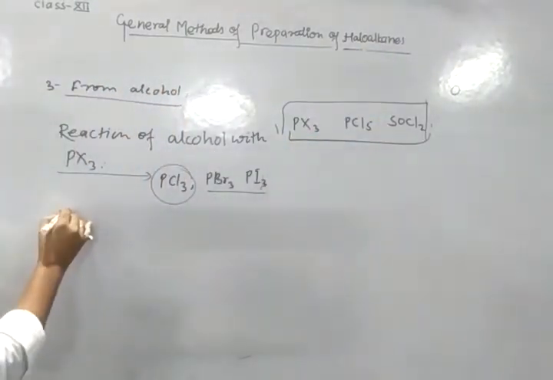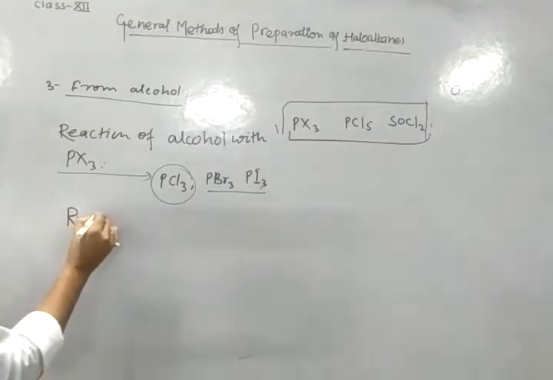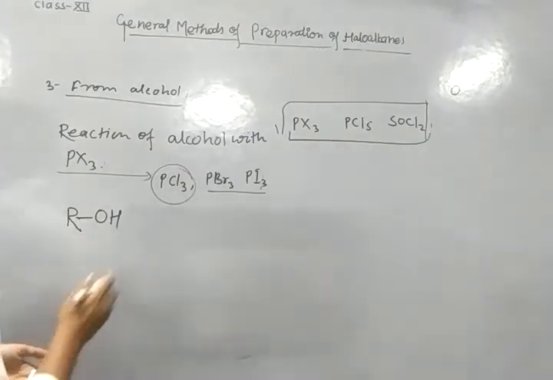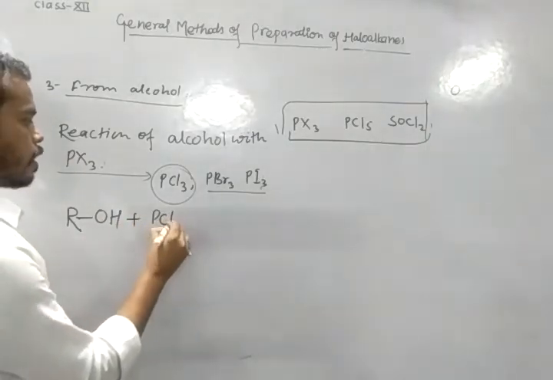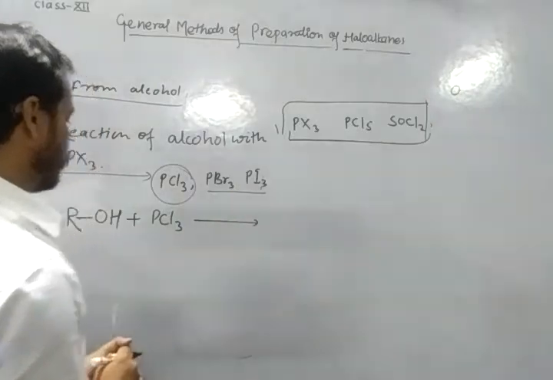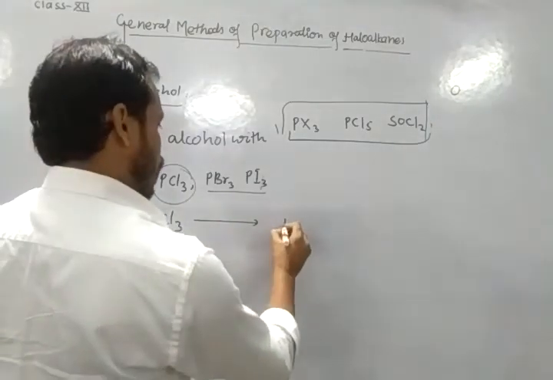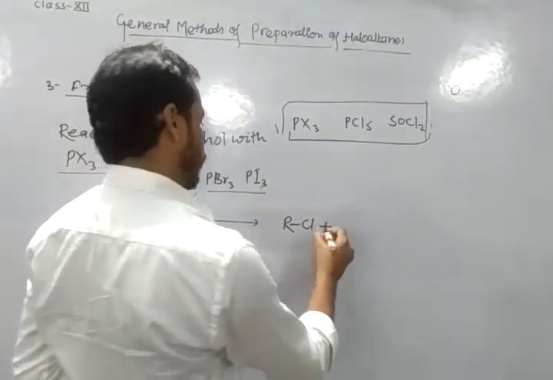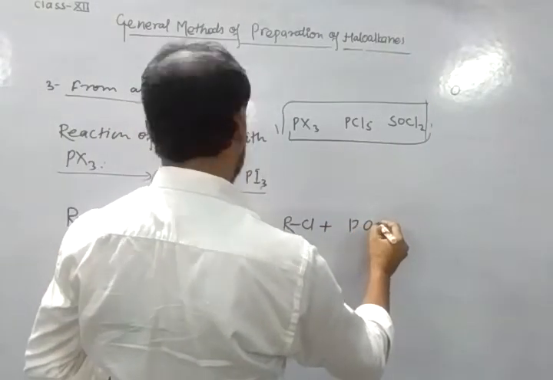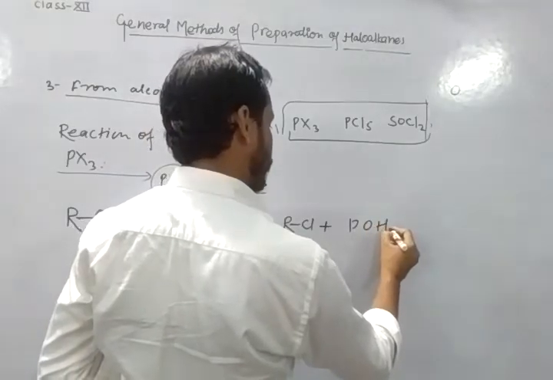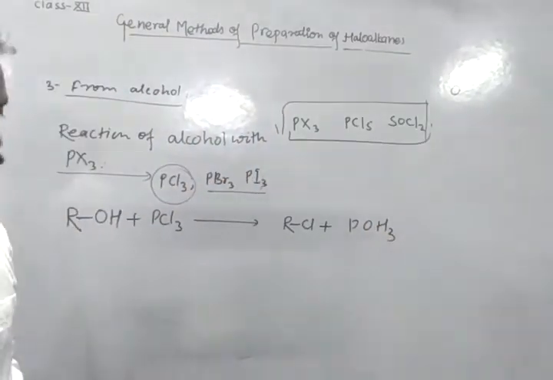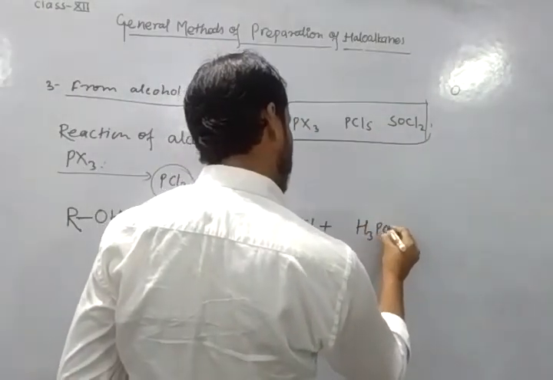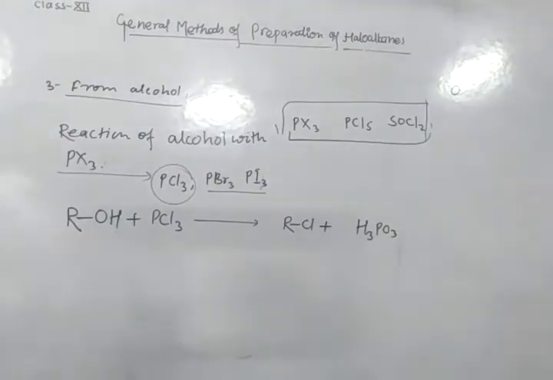Now see the reaction. ROH is alcohol, and when alcohol is treated with PCl3 it forms RCl, chloroalkane, and H3PO3, phosphorus acid.